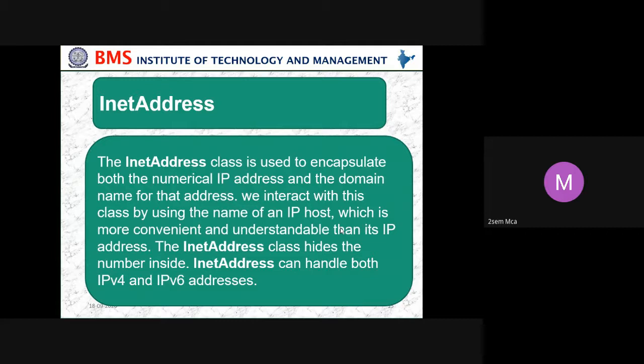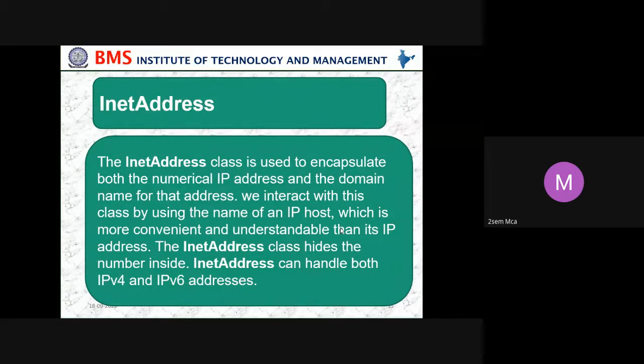Now if you want to know the website of BMSIT, what do you do? You give www.bmsit. What is this? This is where we combine. What is the internet address doing? It is combining both the numerical IP address and the domain name for that address.